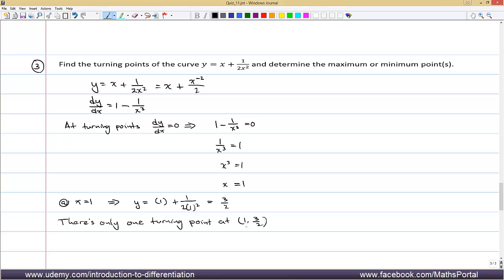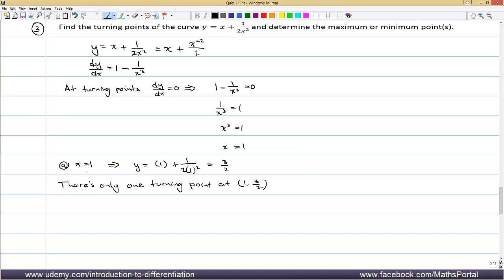Is this coordinate a minimum or maximum? Then we need to evaluate the second derivative. This is equal to, well, the differentiation of 1 is 0. Minus 1/x cubed, that is minus x to the power of minus 3. So that becomes minus 3 times minus 1, that becomes 3 over x to the fourth power.